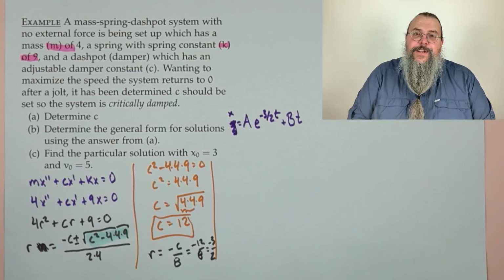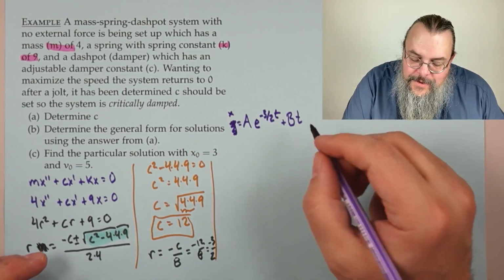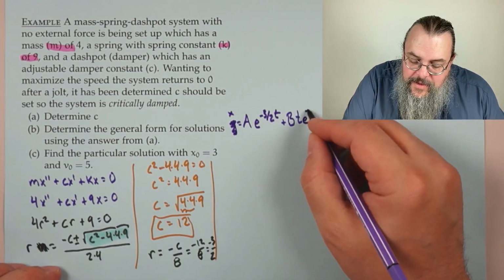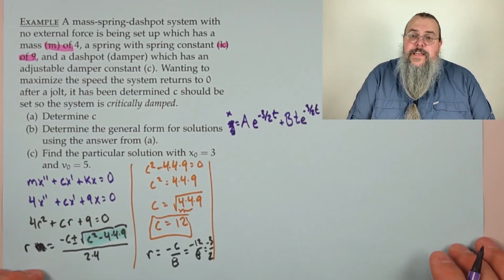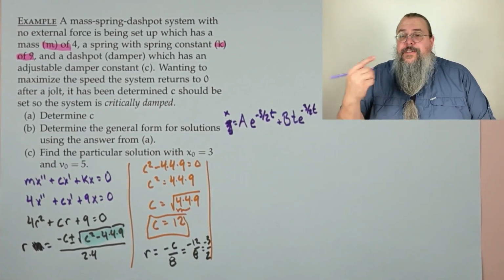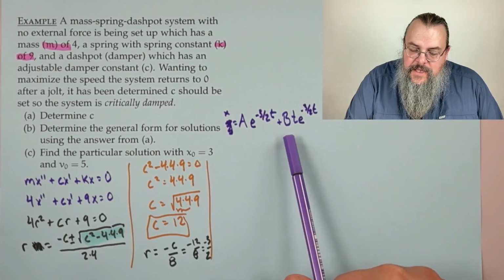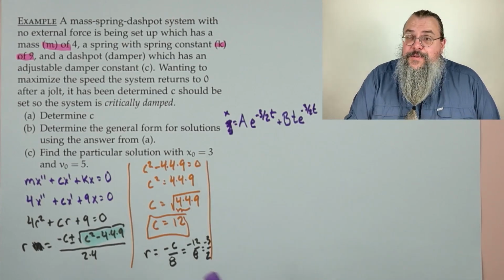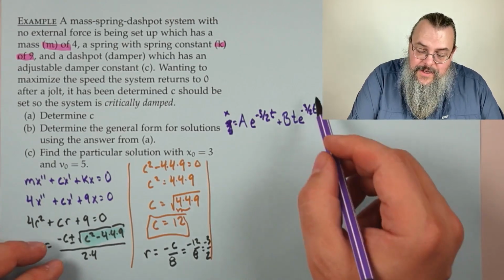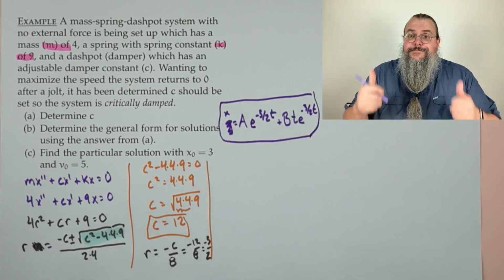I oftentimes forget, wait, what? X, y? So it's easy to make mistakes. Take your time. Don't rush. All right. So a e to the negative 3 halves t. The second one is we bump. So we're going to have b times t e to the negative 3 halves t. So that t is because it's a repeated root. Okay, so there we go. There is our part B.